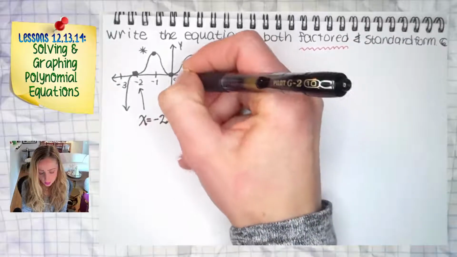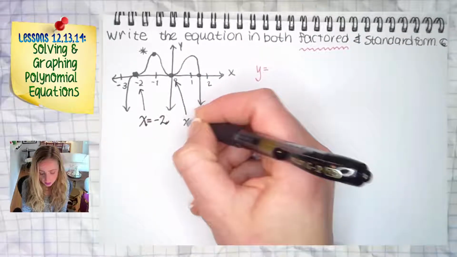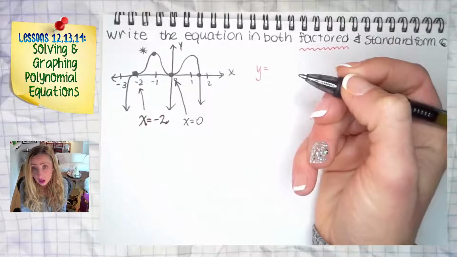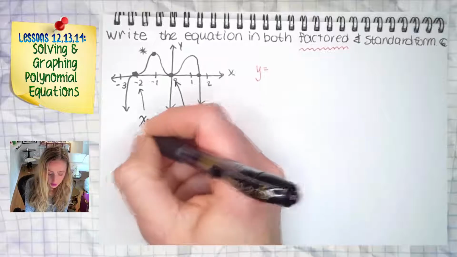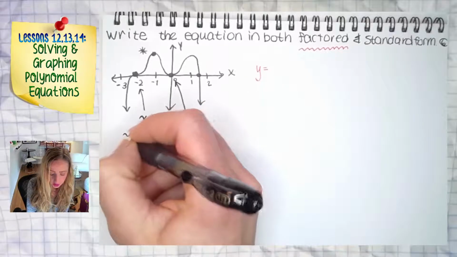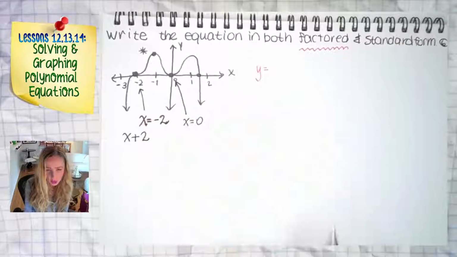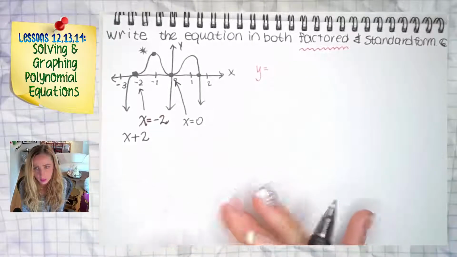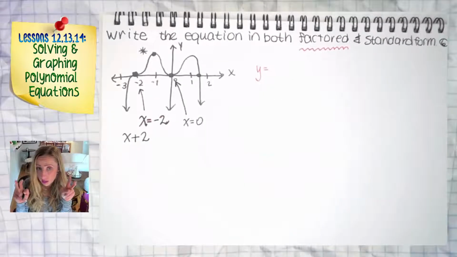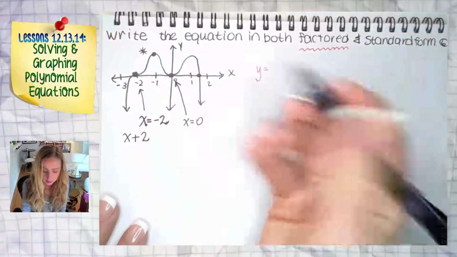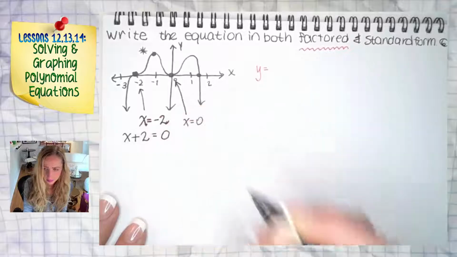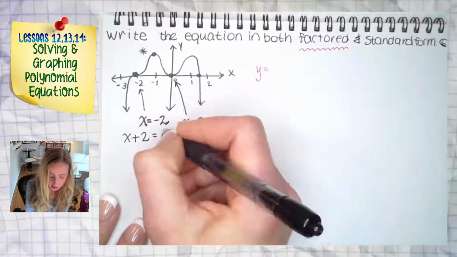I'll stall a little bit more until people give suggestions. x plus 2, good, I'm hearing that. Because if x plus 2 was inside your factor, what do you do with that when you're solving to find your zeros? Yes, thank you, Spencer. You set it equal to 0.